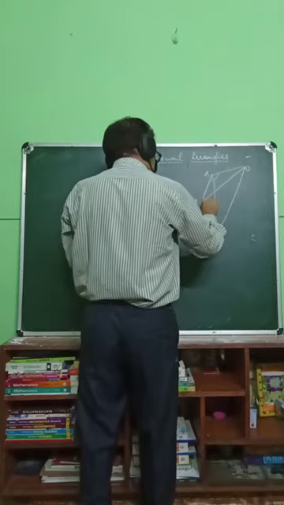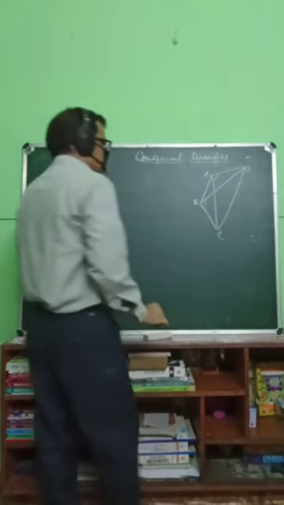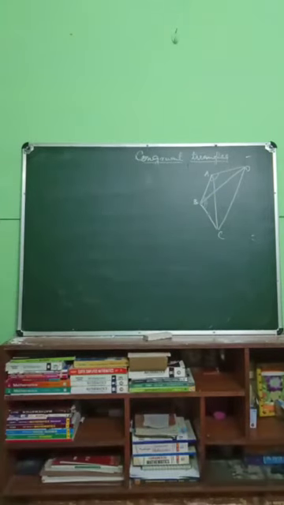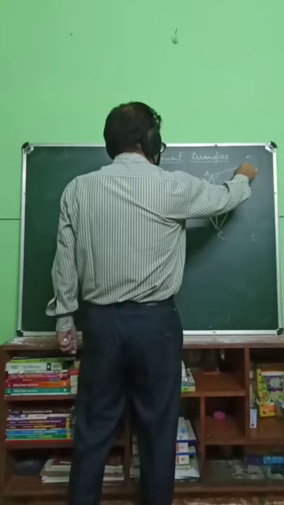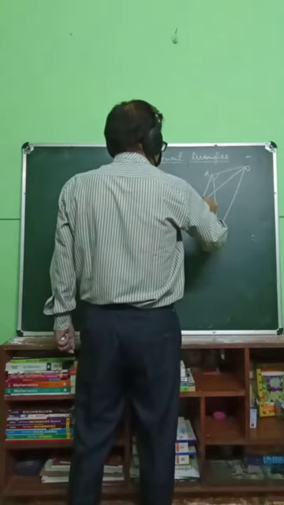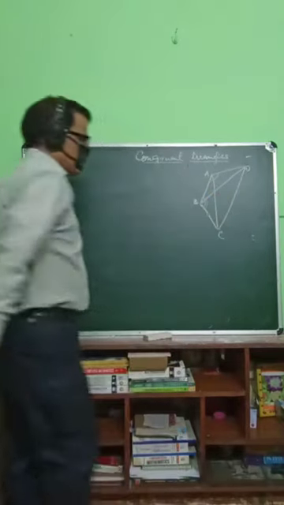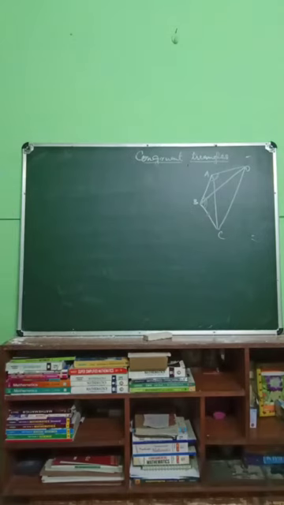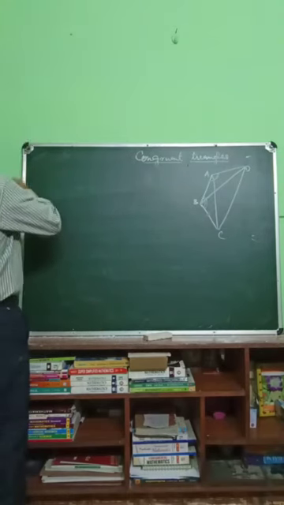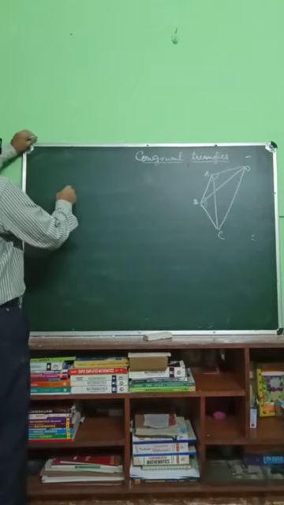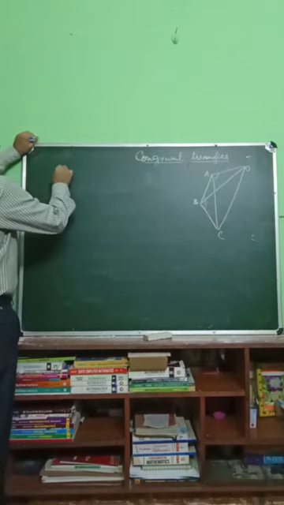This angle they are equal. What we need to prove? We need to prove triangle ABD is congruent to triangle BAC. It is solution. It is second question of the exercise.